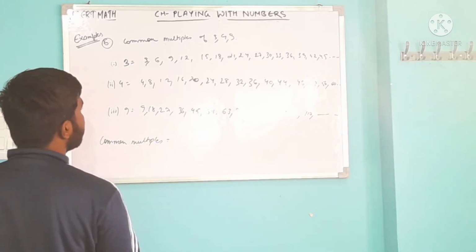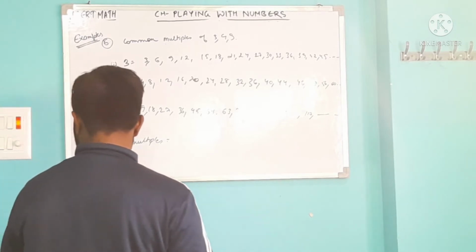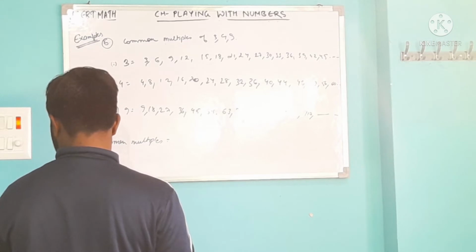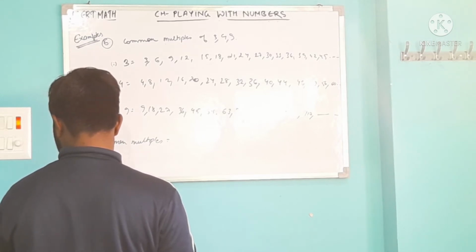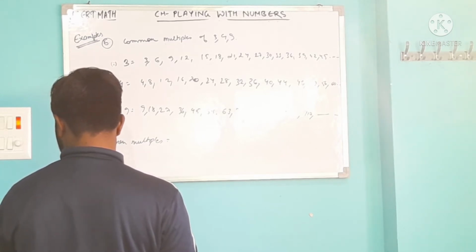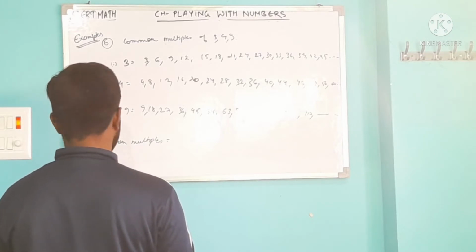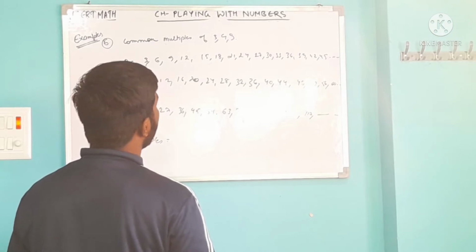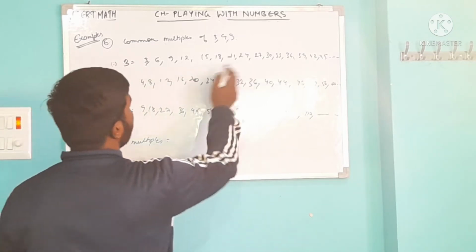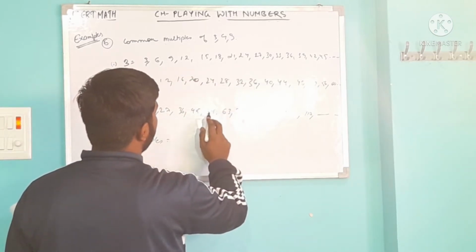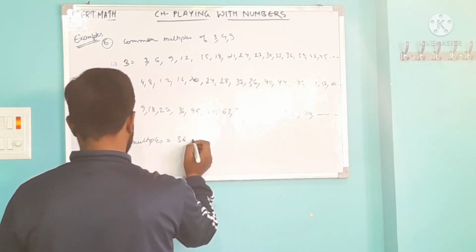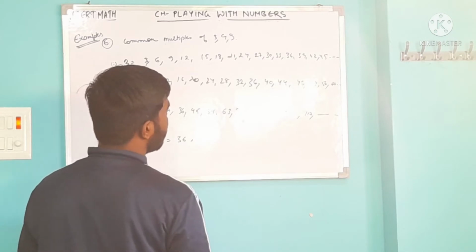In between these we simply see that the common multiples are 24 is not, yes, 36. We get our first answer: 36 is our first common multiple.